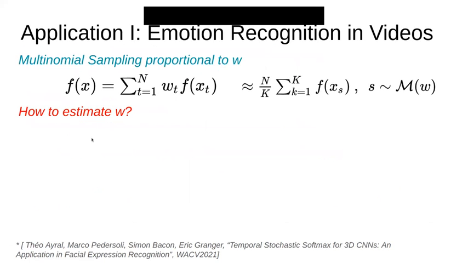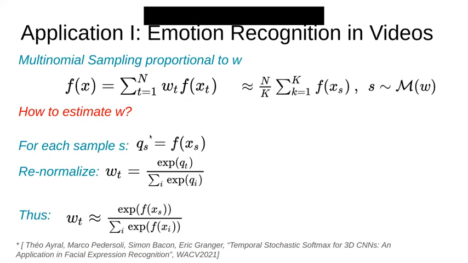So we need to find another way to learn the importance of each short clip of the video. So how to estimate this W? I won't go into much detail, but the idea is that we have an additional variable Q that is associated to each frame S, or each short clip S, of the video.